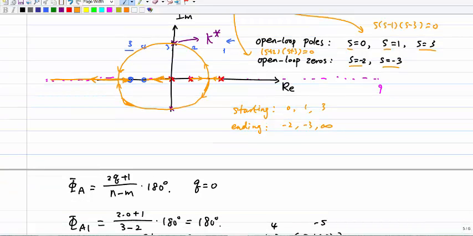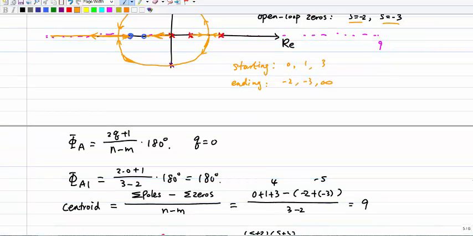Also, once you go to infinity, we want to figure out the asymptotes, which means the angles and the centroid. Because it's only one line, you only have one angle and one centroid. The angle is phi a, which is 2q plus 1 divided by n minus m, times 180. Here q has to start from 0 and 1 until n minus m minus 1.